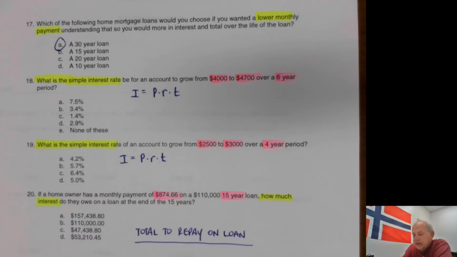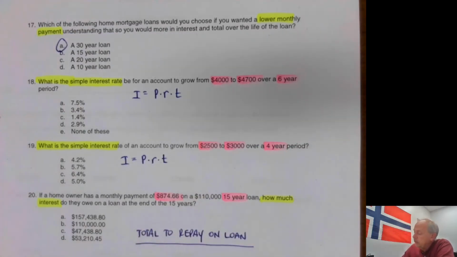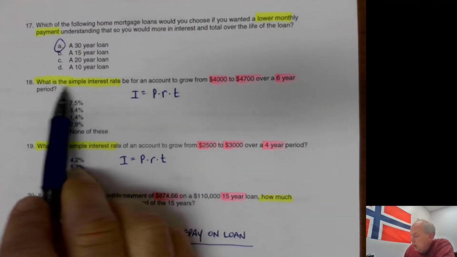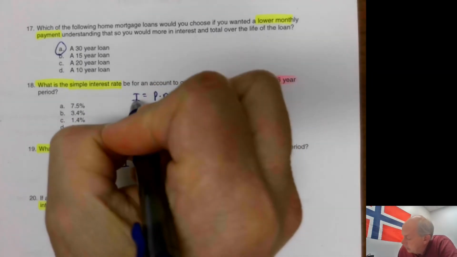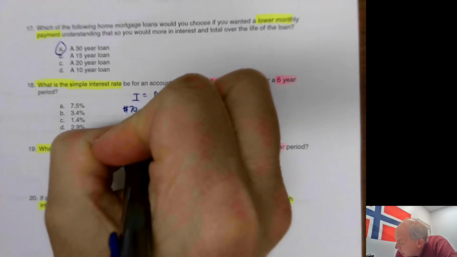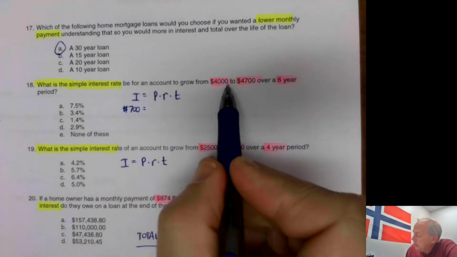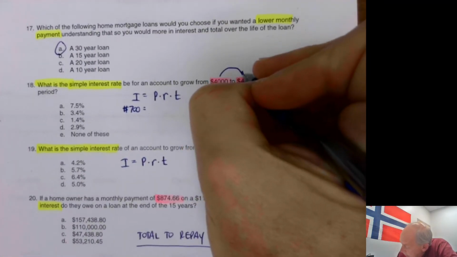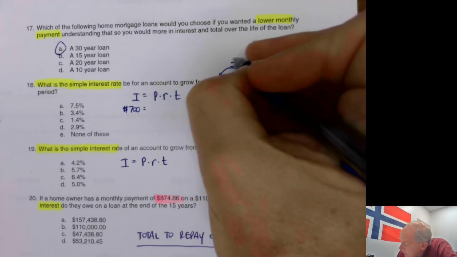Now, for number 18, we want to find the simple interest rate that turned $4,000 into $4,700 over a 6-year period. Simple interest rate. There's my formula. The amount of interest that I earned from this problem is $700. These two values I subtracted.